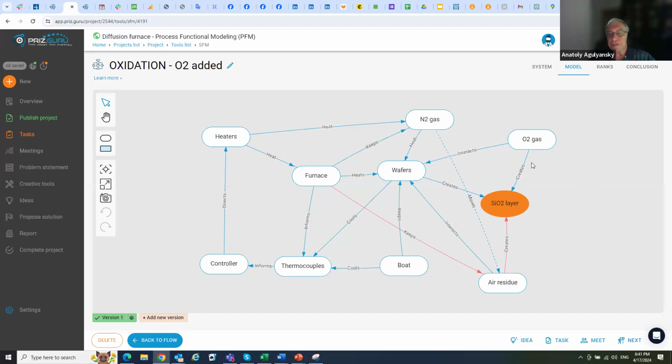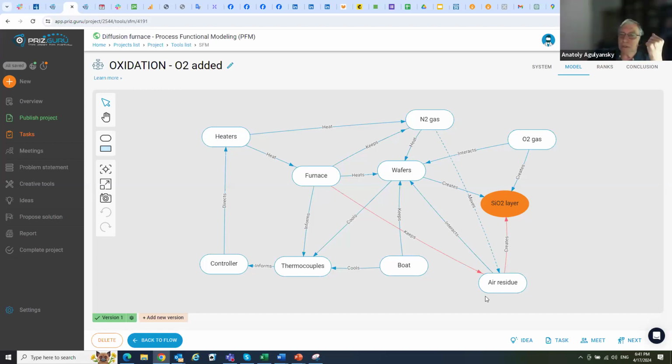What I mean is, we have in the beginning a wafer with air. Air is mainly a mixture of nitrogen and oxygen, and some insignificant additives which do not affect the oxidation process.